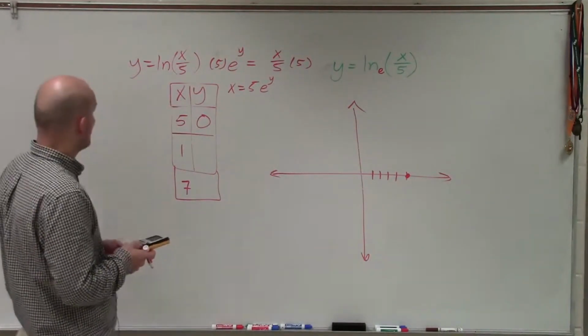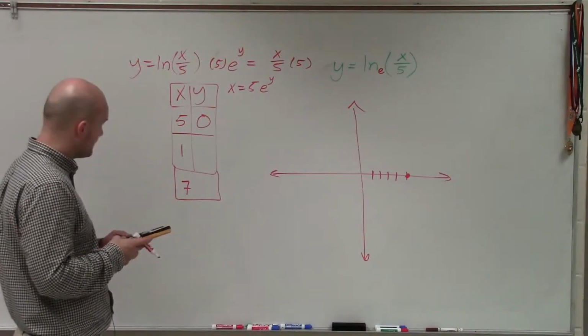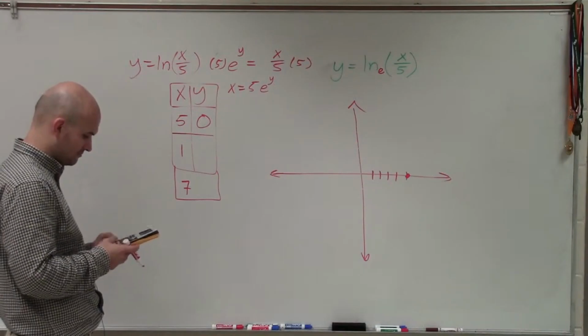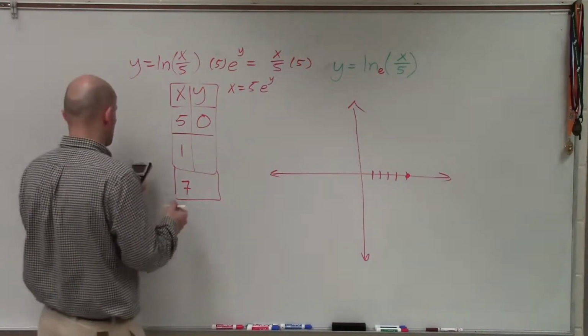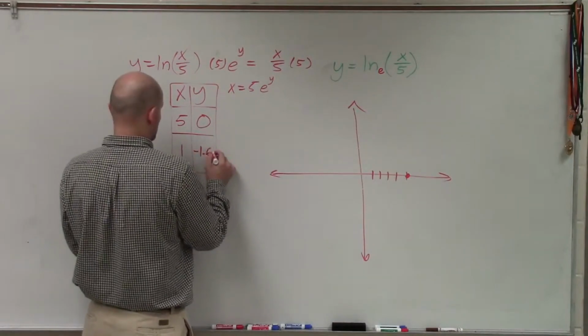So I'll take my equation, ln of 1 over 5. ln of 1 over 5 is going to be negative 1.61.